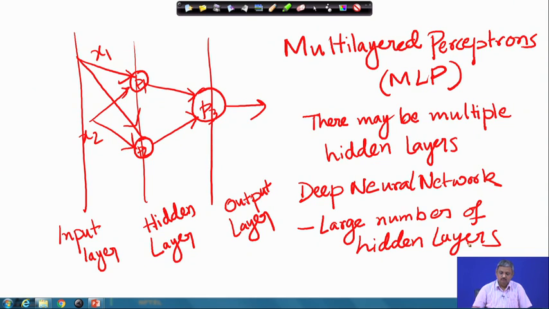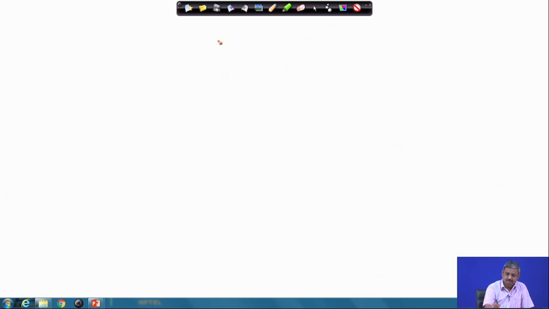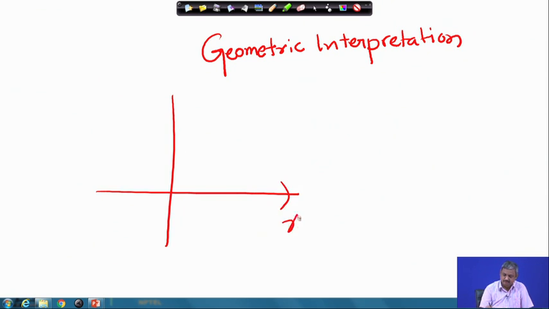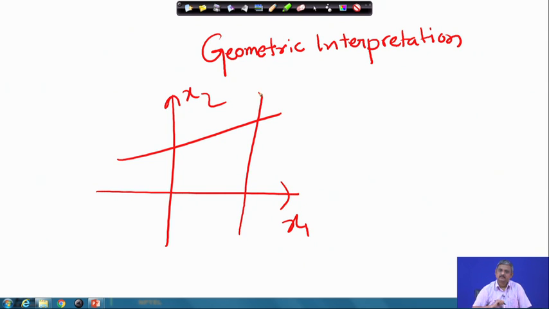So what does this mean geometrically? Each perceptron would give you a line like this, with some weights W1, W2. Another perceptron would give another line. The output of these perceptrons would be either +1 or -1, depending on which side the point to be classified falls.